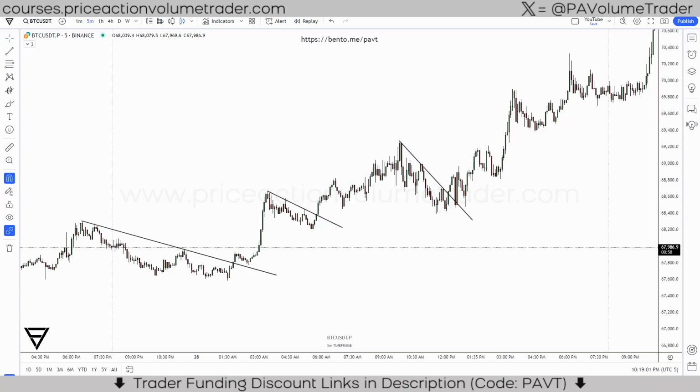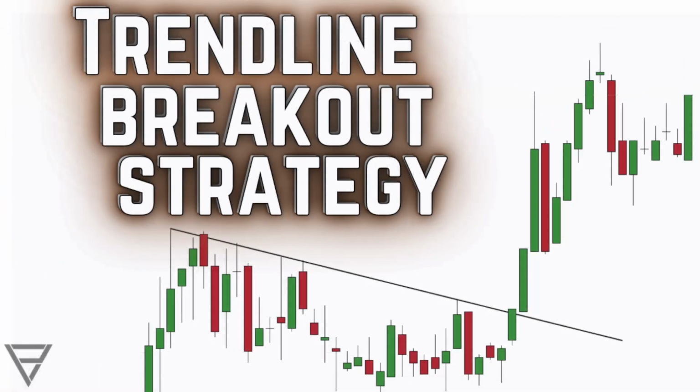Okay, so that's pretty much in essence the basis of this very simple trend line breakout strategy. Identify and get in line with the trend, and then just look for flag or channel formations, and pay attention after you've had the third confirmation touch.